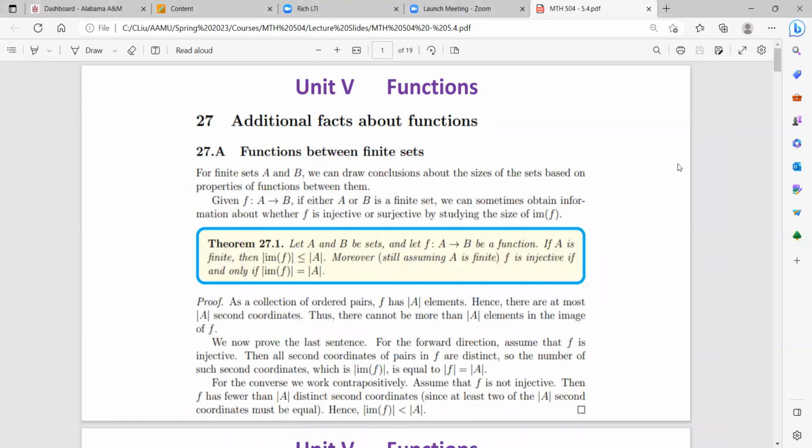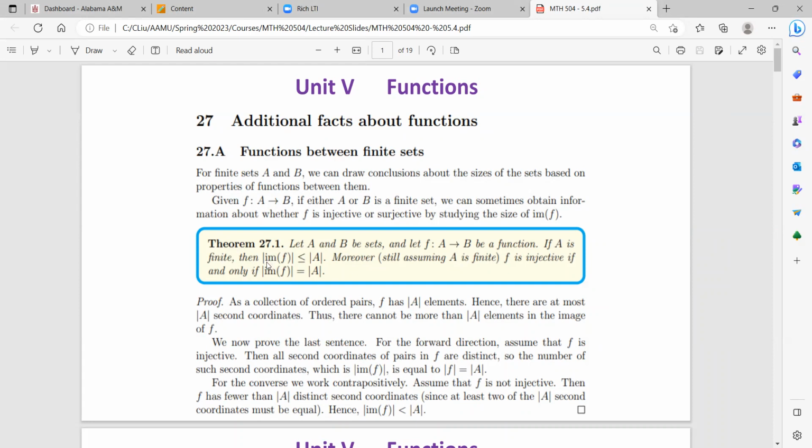The theorem says: let A and B be sets, and let f be a function from A to B. If A is finite, so the domain is finite, then the size of the image of f is less than or equal to the size of A. Remember, the two vertical bars around a set mean the cardinality, the number of elements in the set.